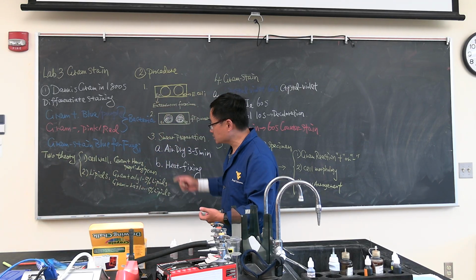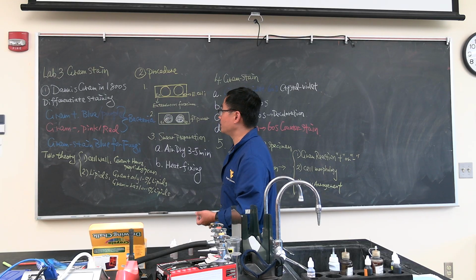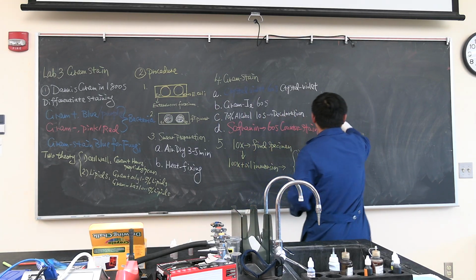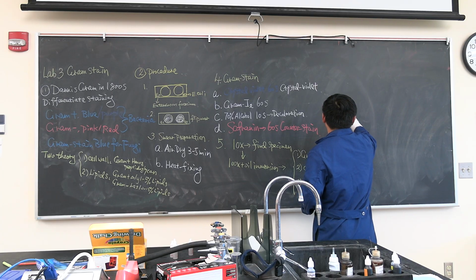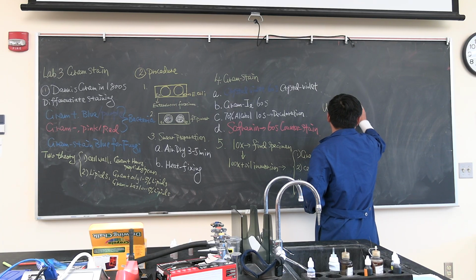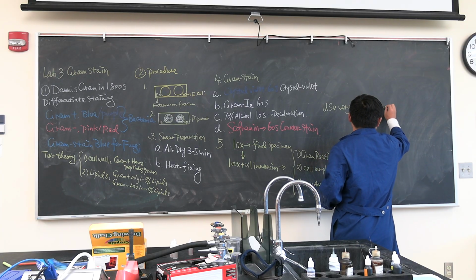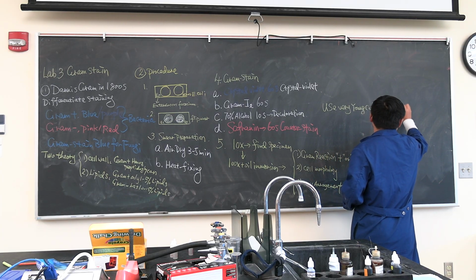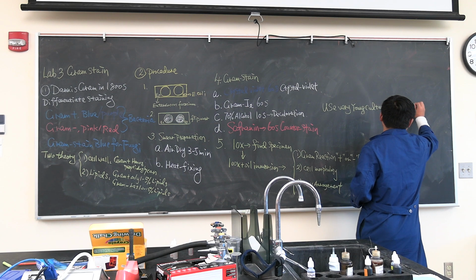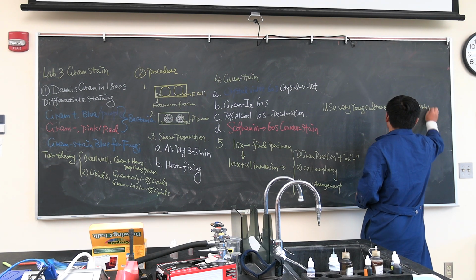Because of the cell wall theory we mentioned for the gram stain, you have to use a very young culture. A young culture is usually less than 24 hours, somewhere around 18 to 24 hours, a fresh one.